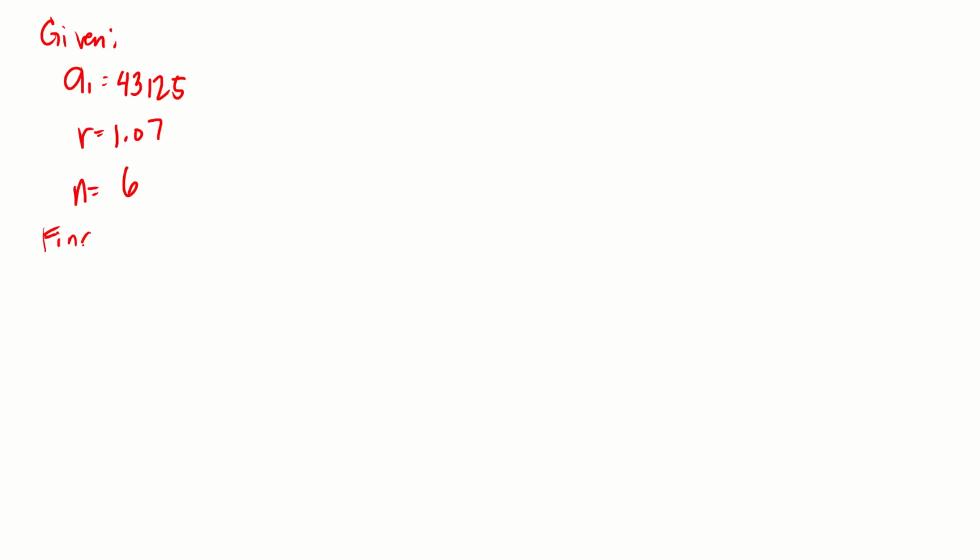Yung A sub 6. O, sunod. Ano naman yung formula na gagamitin natin? Since again, n term ng geometric sequence to, so still the same formula. A sub n equals A sub 1 times the common ratio raised to n minus 1.